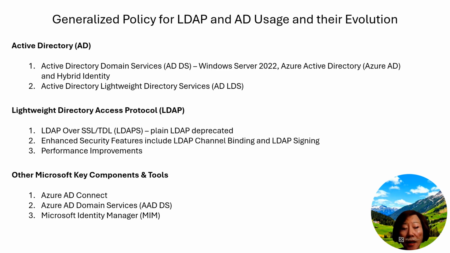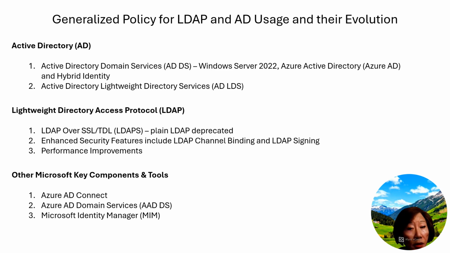The plain LDAP is being deprecated or has been deprecated. So Microsoft has been pushing for the deprecation of plain LDAP, which is the unencrypted LDAP, in favor of LDAP-S for quite some time to enhance security. So in newer Windows Server versions, the default configurations and security baselines favor the use of LDAP-S.